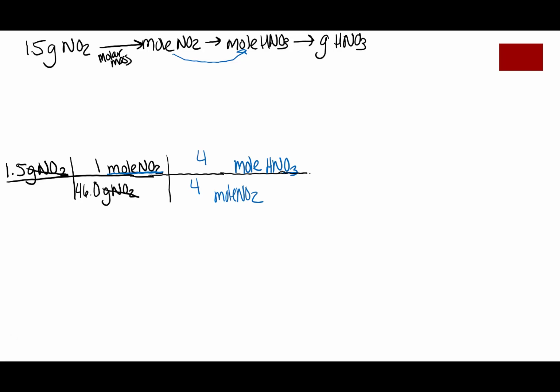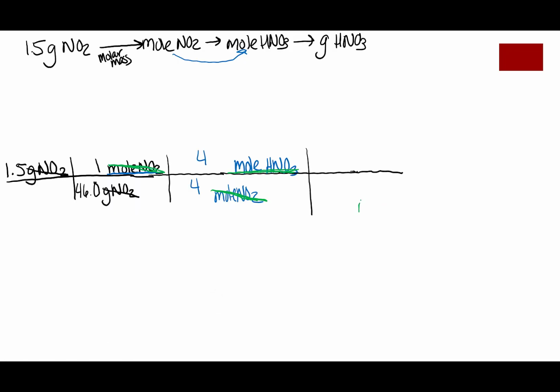Now I'm going to continue my train track on. Moles of NO2 cancel, that unit is gone. Now we are in moles of HNO3, so that becomes our starting point. So moles of HNO3 on top, and I'm going to put moles of HNO3 on the bottom. That's the unit we're trying to get rid of, so it goes diagonal.